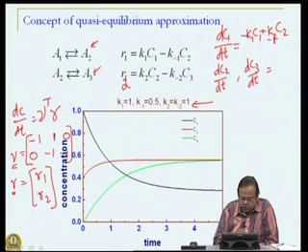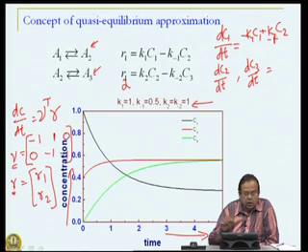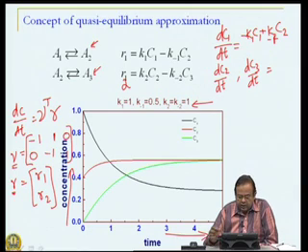So, what we have on the x axis is the time, and this is my concentration, and there are 3 species. We are showing them by black, red and green lines C1, C2 and C3.